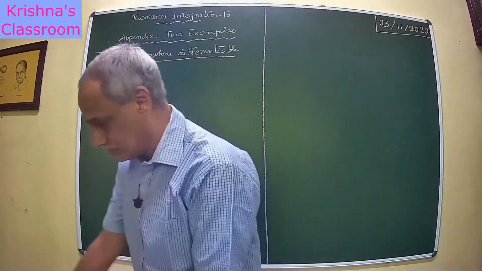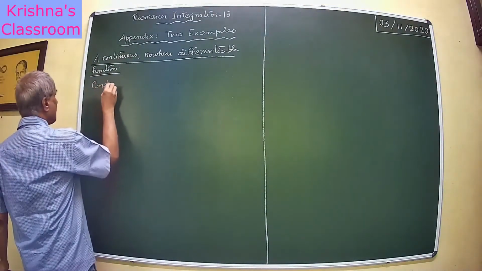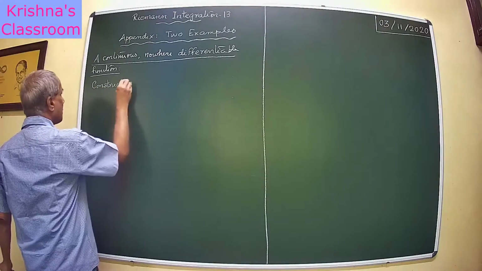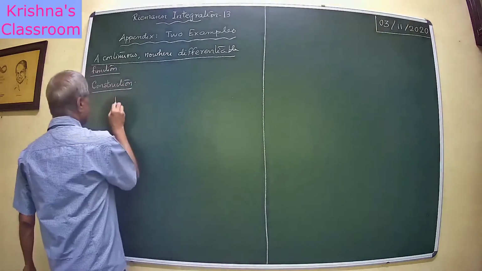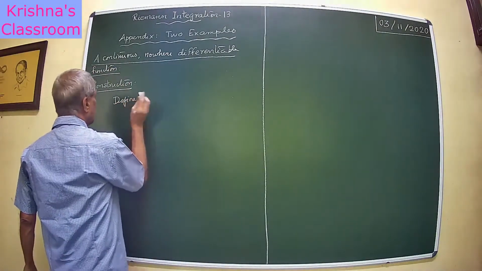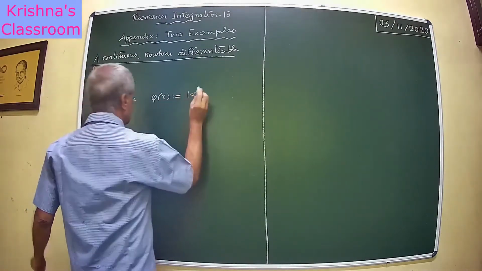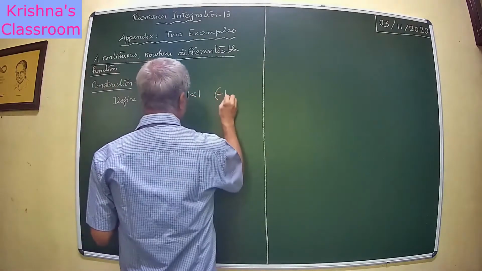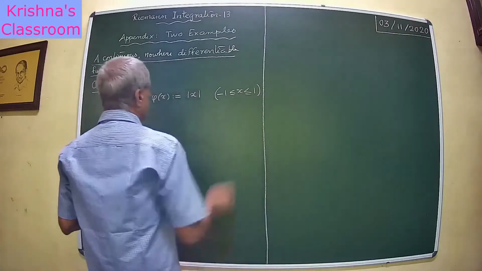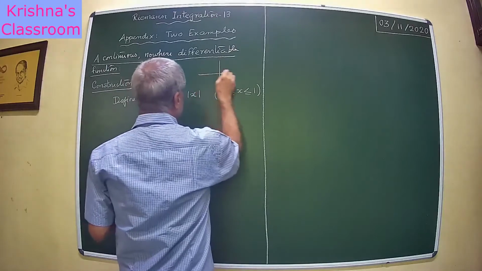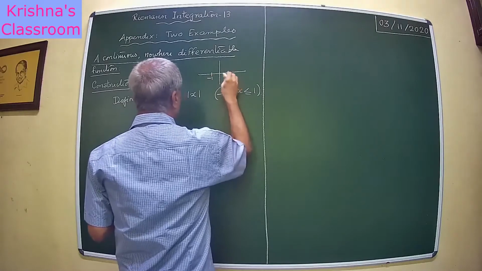So we define... now if you look at, draw the graph of this function, it is like this: from -1 to +1.